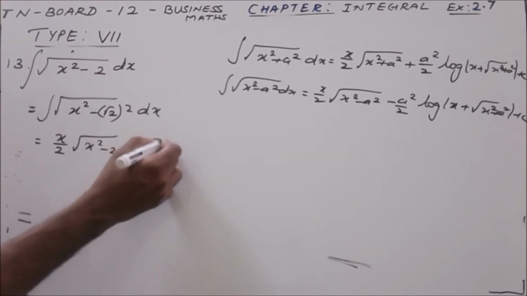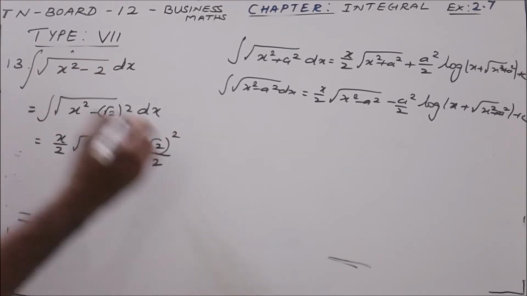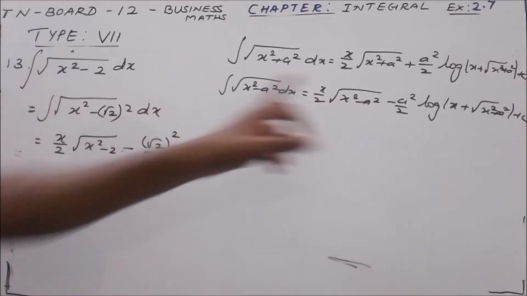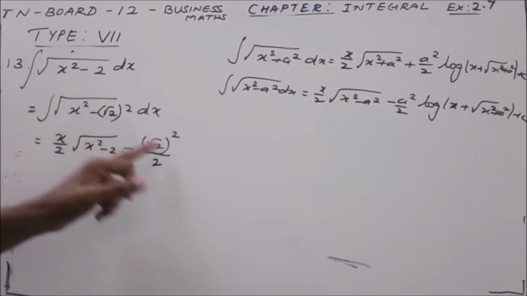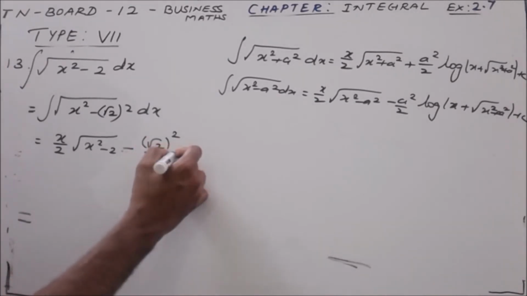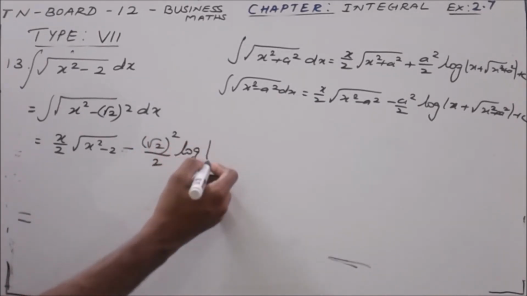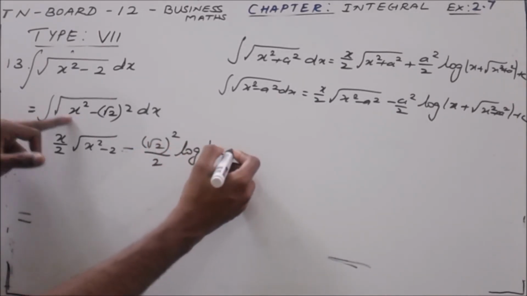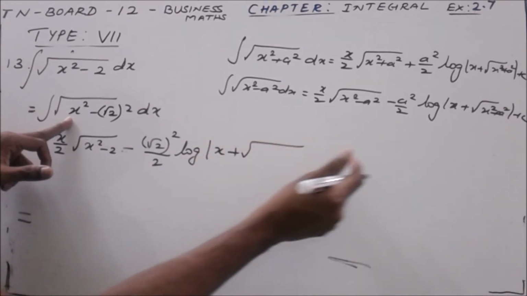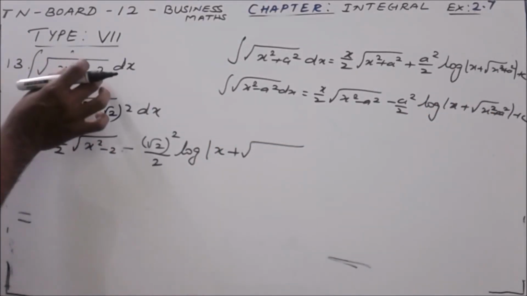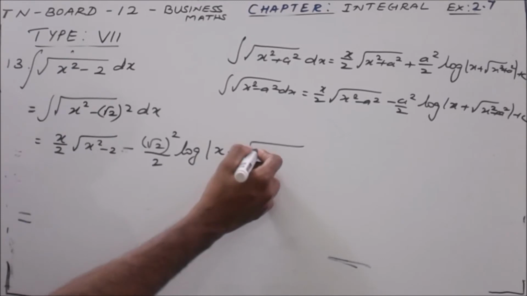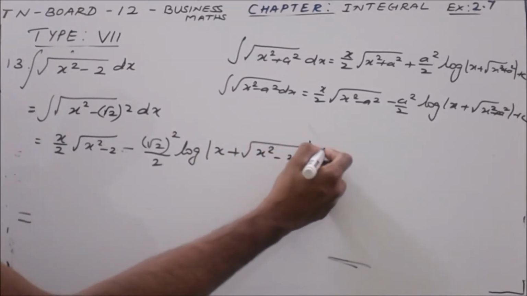So a square by 2 by formula is 2 by 2, log of modulus of x plus root of x square minus a square. We can write it as x square minus 2, plus c.